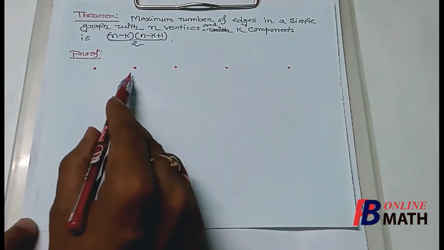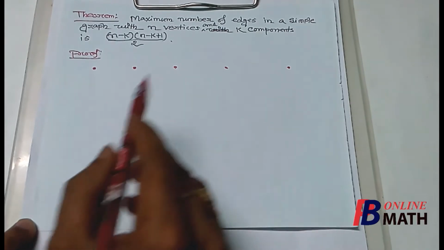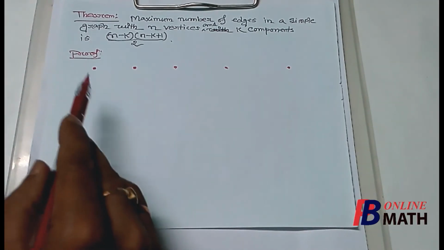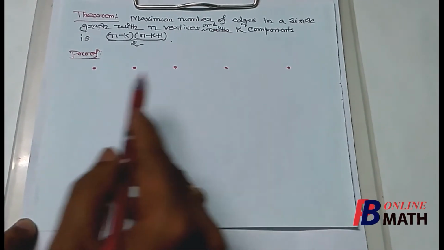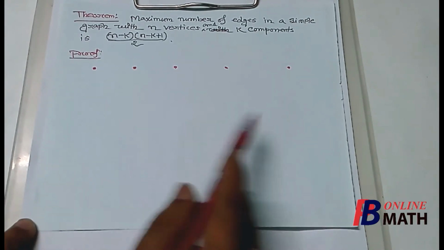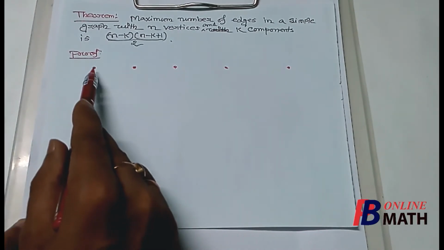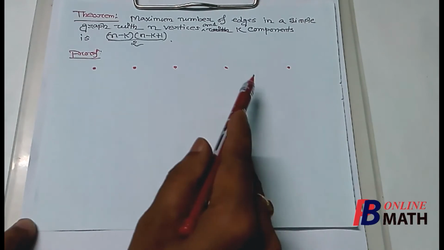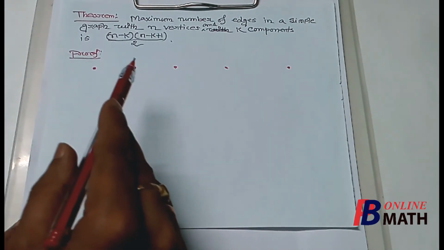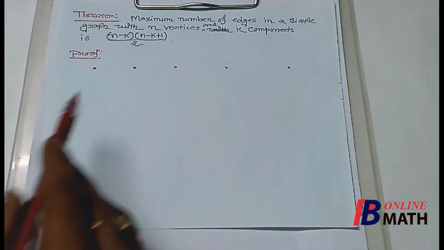So first component, second component, third component and kth component. We assume that each component contains at least one vertex. That must be true. So we have plotted k vertices in k components, one vertex in each component.